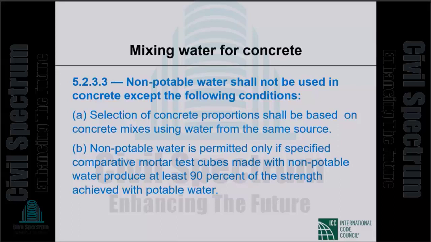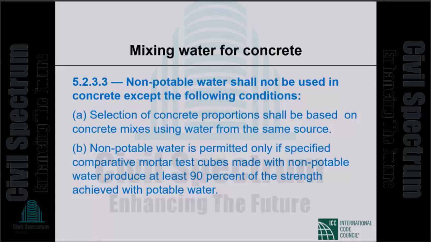So there are a couple of exceptions. Selection of concrete proportions shall be based on concrete mixes using water from the same source, and non-potable water is permitted only if specified comparative mortar test cubes made with non-potable water produce at least 90% of the strength achieved with potable water.